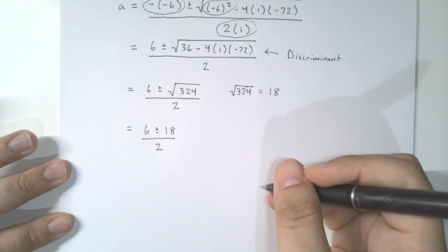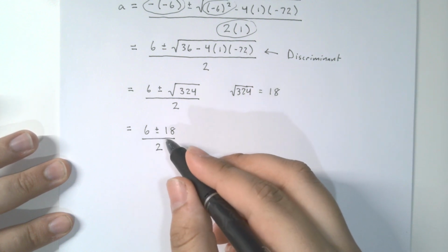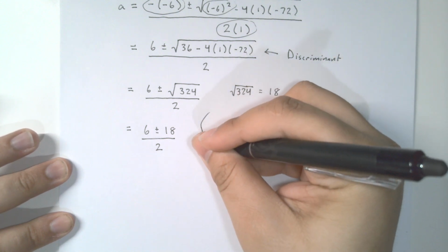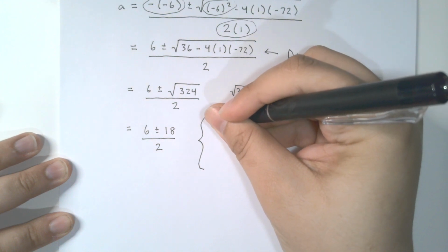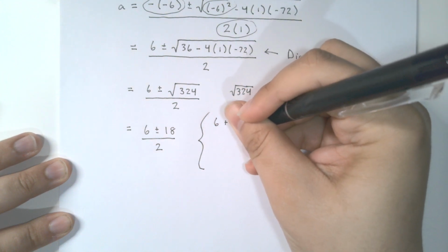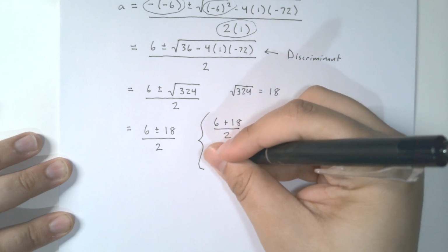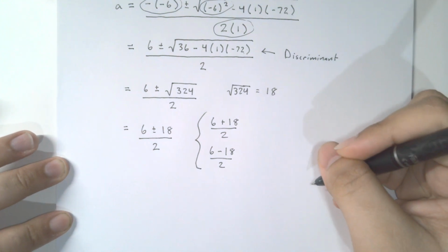And also notice that because of this plus or minus, we actually have two different solutions. So that means we have a case where we have 6 plus 18 divided by 2, and we have 6 minus 18 divided by 2.